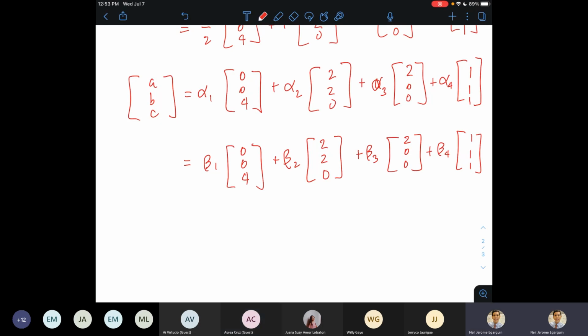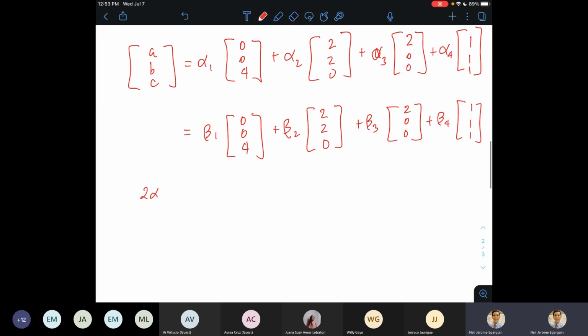I'll have 2 alpha 2 plus 2 alpha 3 plus alpha 4 equals A, and then exactly the same thing except that I will change them to betas: 2 beta 2 plus 2 beta 3 plus beta 4 equals A. But this looks exactly the same as the first expression, with just the alphas switched to betas.